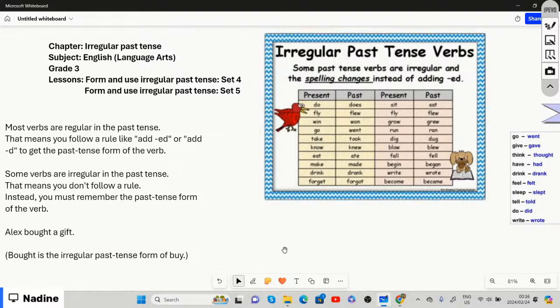All right. So we have words like do. Do is now. It's like I do the dishes.